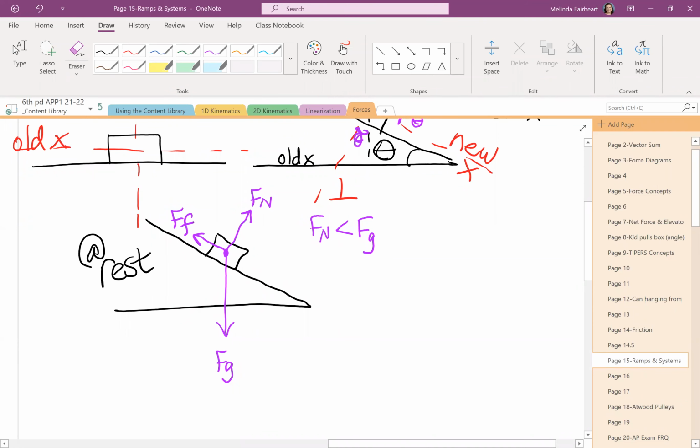And so here's where I'm going to draw those new axes, kind of in line with our force diagram. Fn is on the perpendicular axis, or new y, if you prefer. Ff is on the parallel axis, or new x, if you prefer.